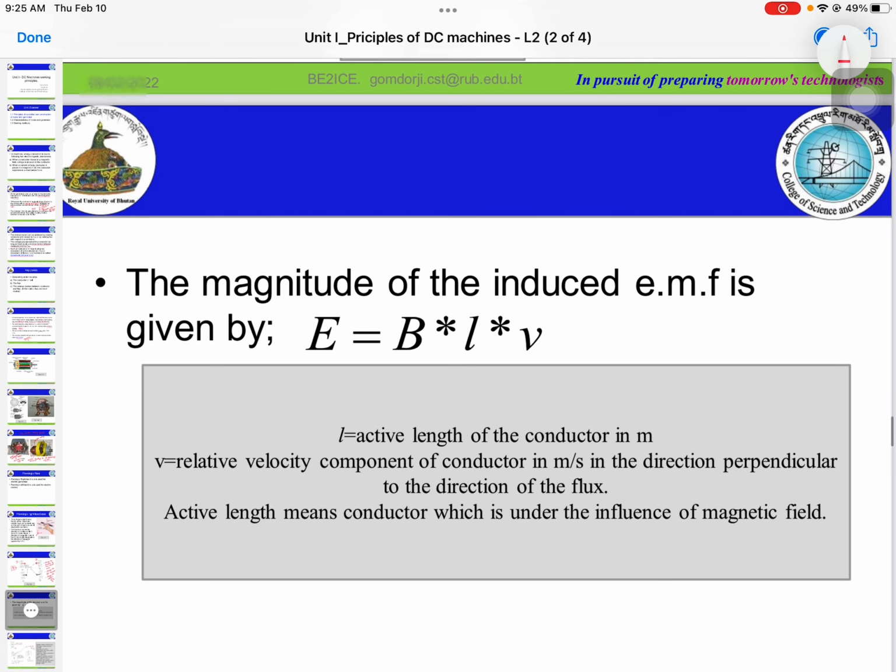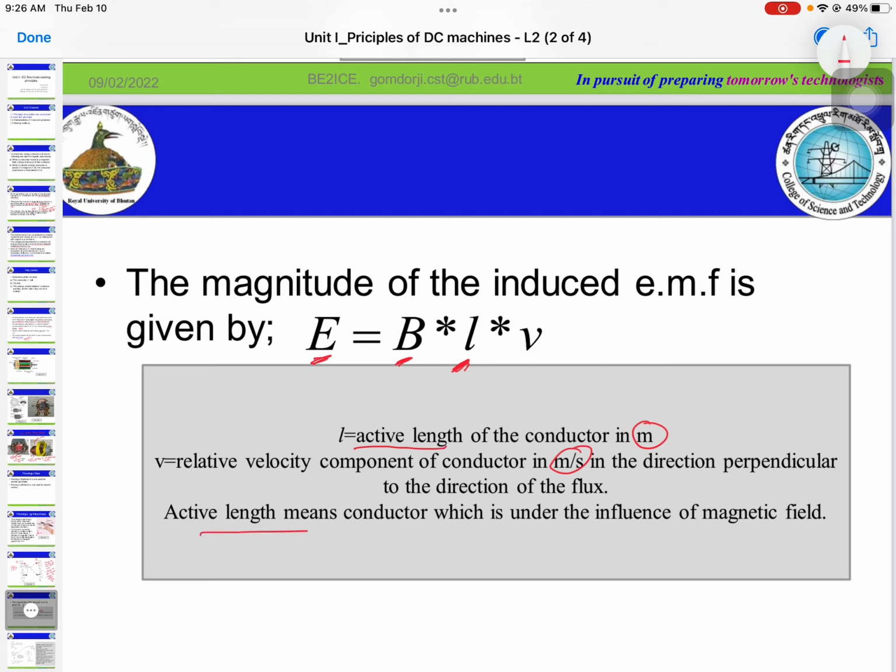Now the magnitude of the induced EMF E is given by the magnetic flux density times the length of the conductor and the velocity at which the conductor is moving. The units are meter and meter per second. Here we say that is the active length.